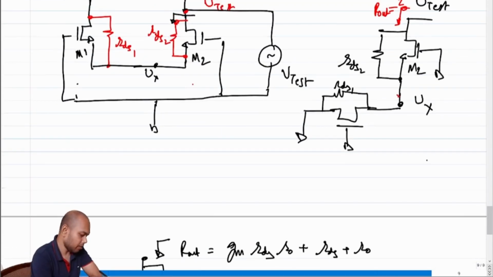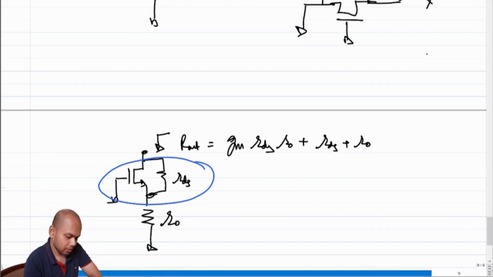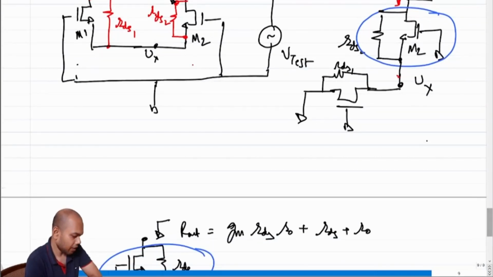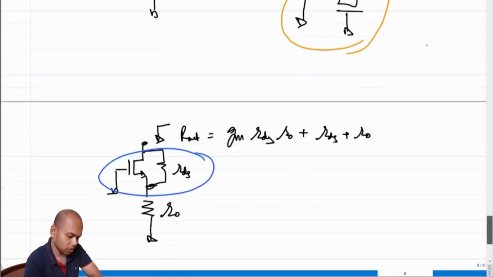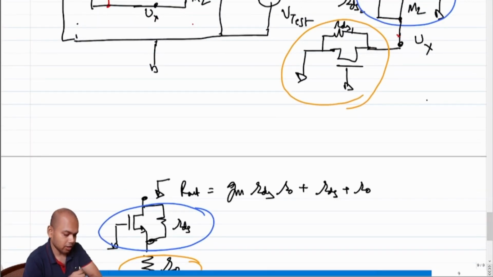There seems to be some resemblance, because we have the structure here which is equivalent, but we have something connected at the source of the transistor instead of R0. So if we can find this equivalent R0 in terms of the parameters of M1, then we are all set.